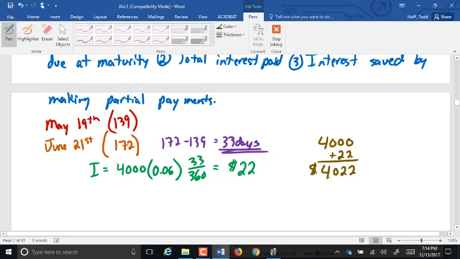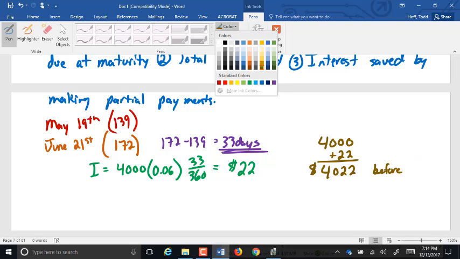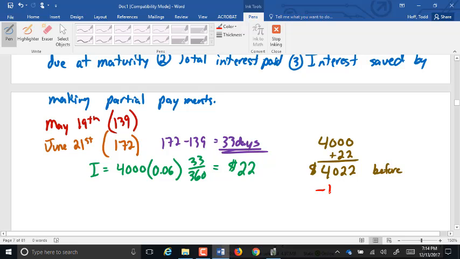So we add that $22 to the 4,000 balance. That is the balance before the payment. And then we subtract the $1,000, $3,022. That's the balance after the payment.